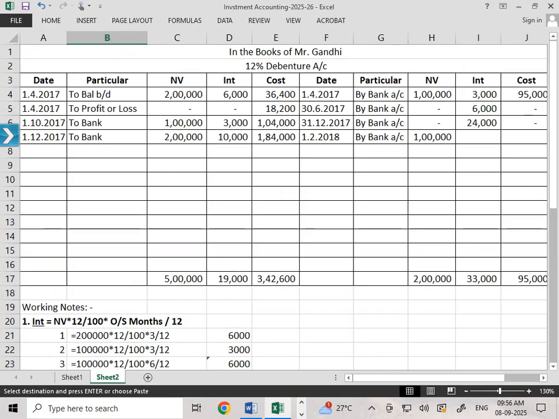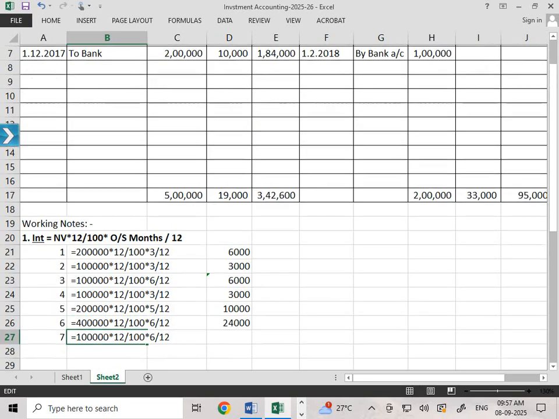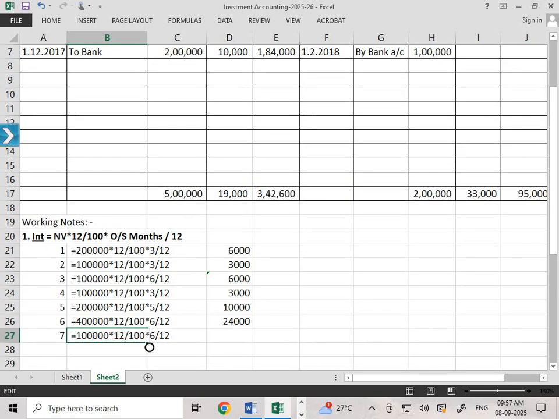So interest we have to calculate on nominal value 1 lakh, at 12%. Now we have to find out how many months from the last due date. Last due date we have received, 31st December. December gone, January.